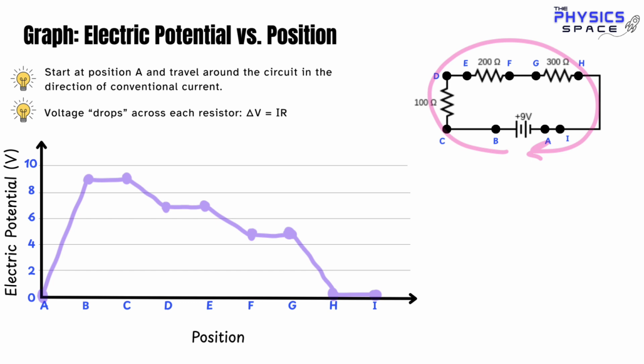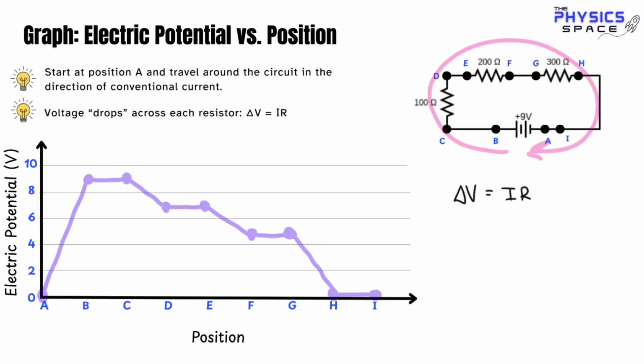But the way that we're coming up with an actual value for that electric potential change is simply Ohm's law. We come up with that voltage drop by multiplying the current through that resistor times the resistance of that resistor.